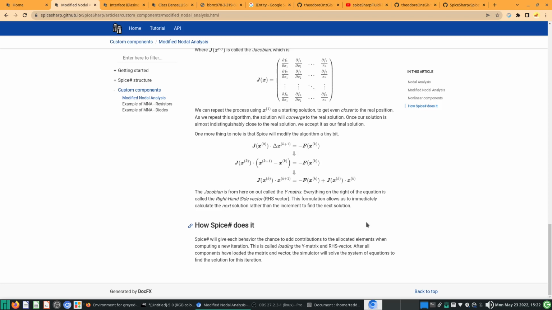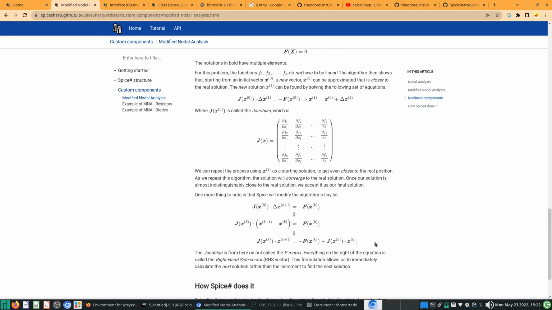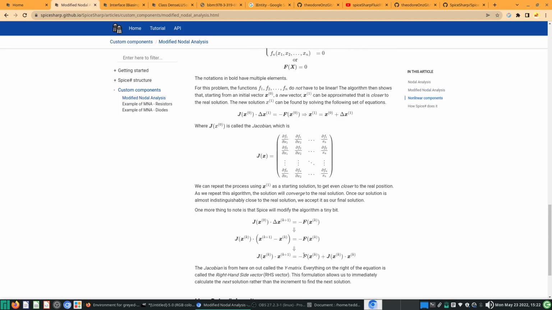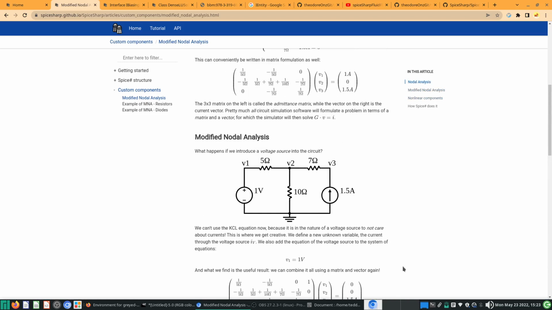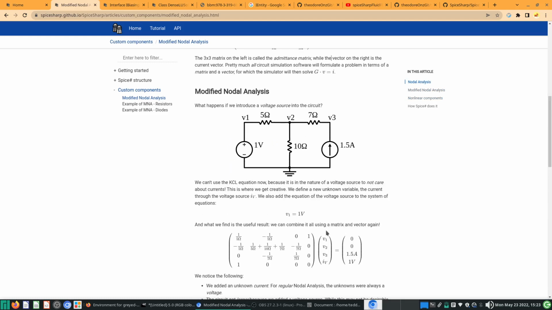So what's the flow like? We get this Jacobian matrix set up first, the Y matrix and the RHS vector. We set this up first, then we have a system of equations here. So this is some right hand side vector, this is the Jacobian, and this is the 1, 2 and 3.